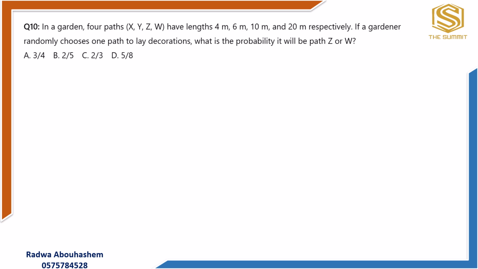Question number 10. In a garden, 4 passes X, Y, Z, and W have lengths 4, 6, 10, and 20, respectively. If a gardener randomly chooses one pass to lay decoration, what is the probability it will be pass Z or W? Okay. The total passes, X plus Y plus Z plus W, equal 4 plus 6 plus 10 plus 20, so it's 40.